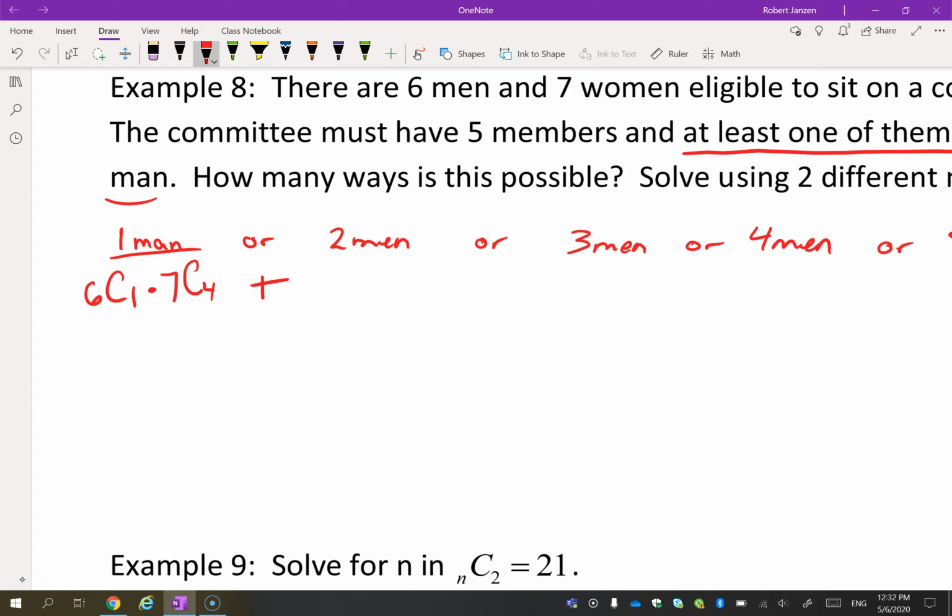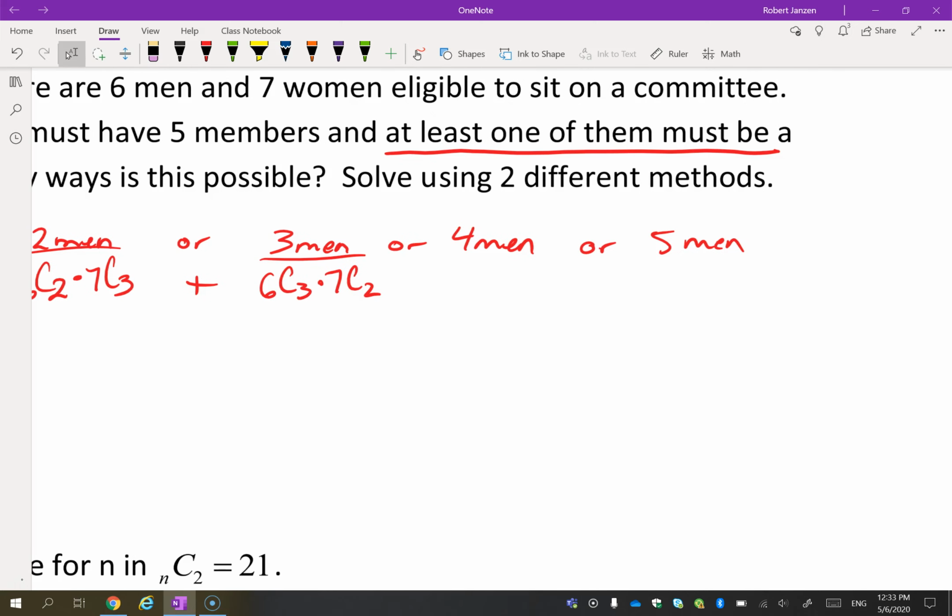Okay, now if we want 2 men, how would you do that? You'd go 6 choose 2 and 7 choose 3. Again, it has to add up to 5. Or 6 choose 3, 7 choose 2.